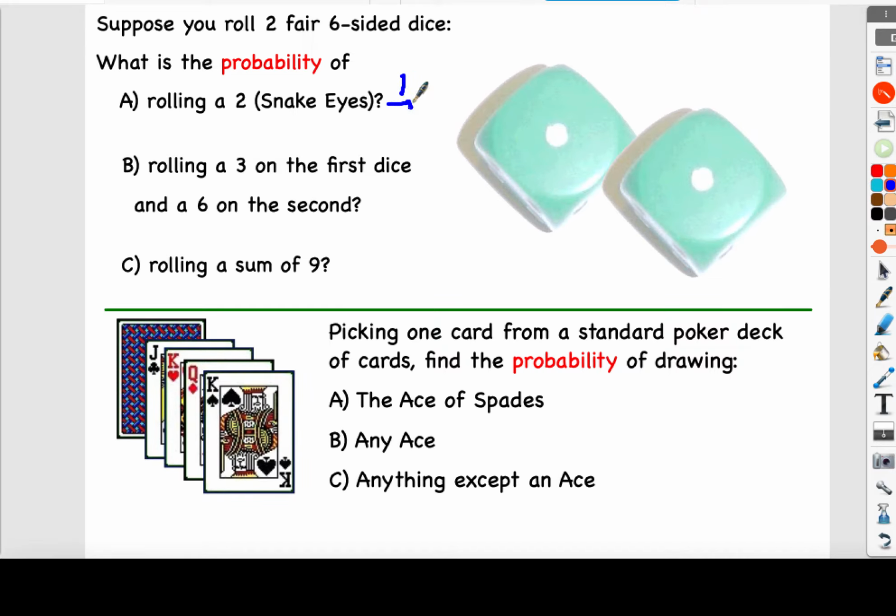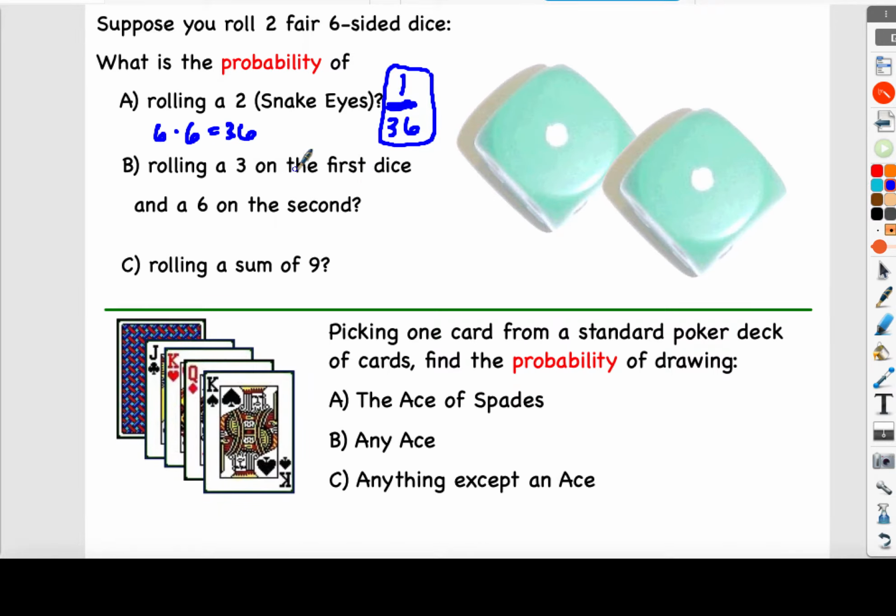And again, if you consider a dice, each dice can be any one of 6 things on the first dice, any one of 6 things on the second dice, or basically there's a total of 36 different things that can happen. So rolling snake eyes is one of those 36 things, and that would be your probability, 1 out of 36. Now, again, you could always give that in decimal form as well. But for now, we're just going to leave that as a fraction.